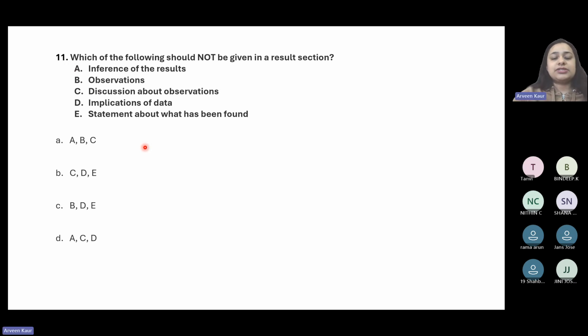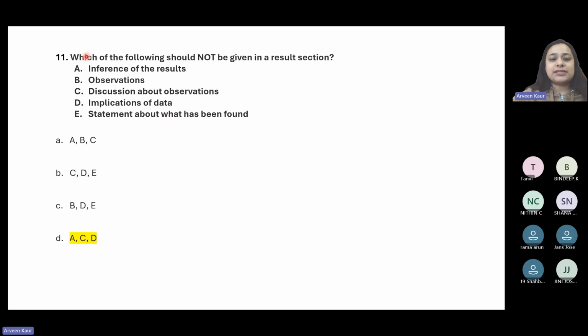So actually, the ones that should not be given in the result section are A, C, and D. Inference of the results, that is what the results mean, doesn't have to be reported in the result section. The only two things that need to be reported are the observation that you are seeing and what has been found.